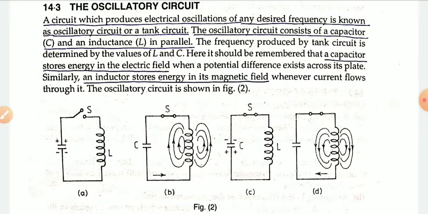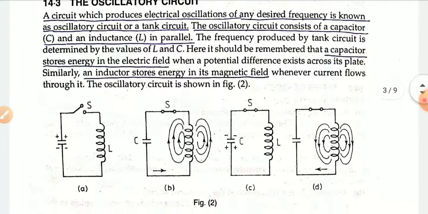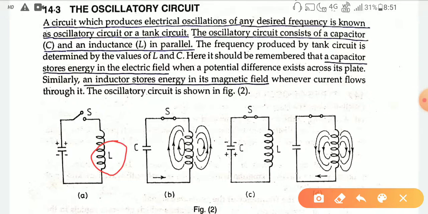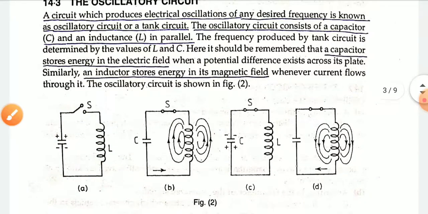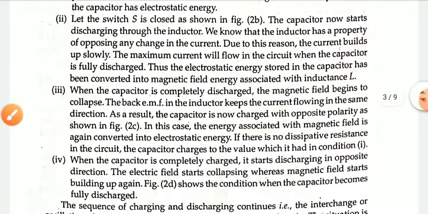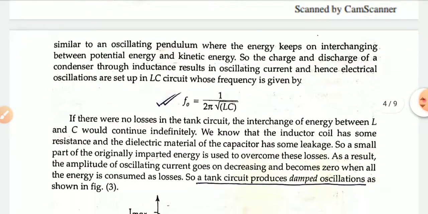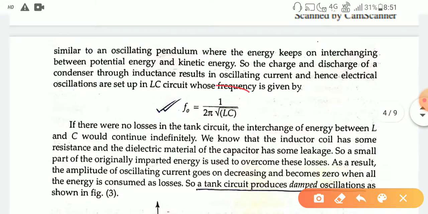As a conclusion, the frequency depends on the values of L and C. If you know L and C, the generated frequency will be F0, which is 1 by 2 pi root over LC.